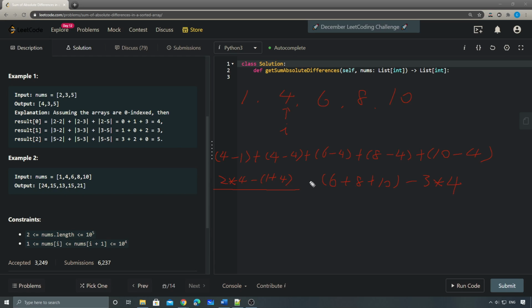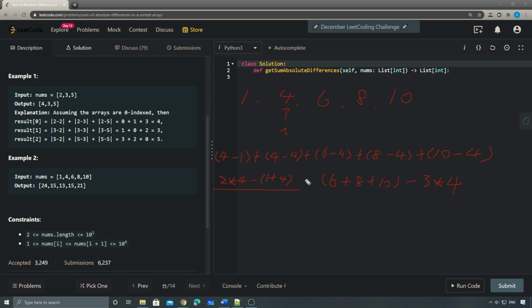And then we have the number of 4s we multiply first, and then we minus the prefix sum, and for the second part, the remaining sum minus the remaining count of 4s.